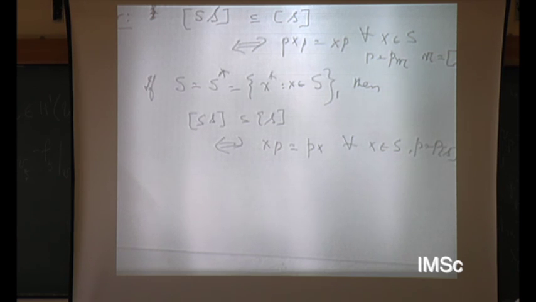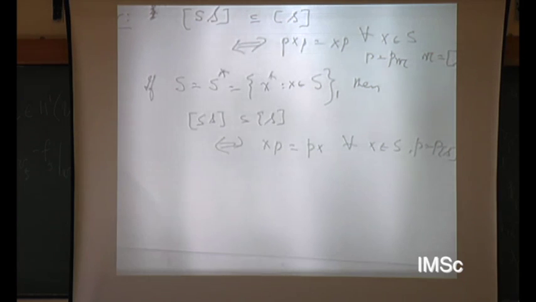You know how to multiply matrices by diagonal matrices. xP will just retain the first column and put 0 in the second column. Px will retain the first row and kill the second row.